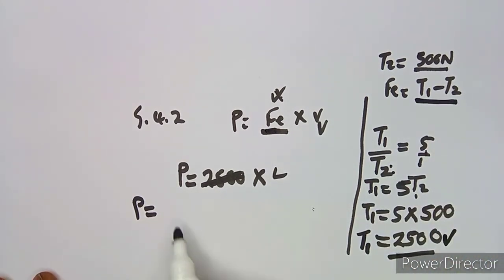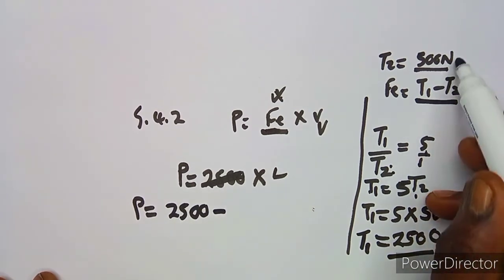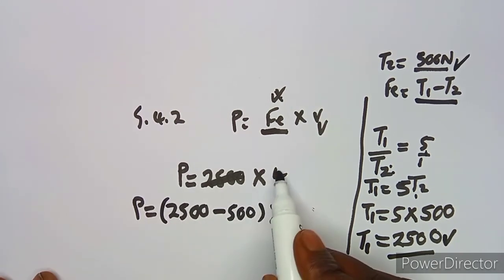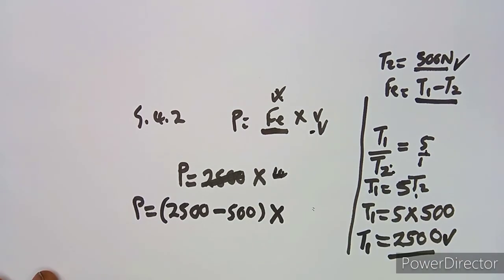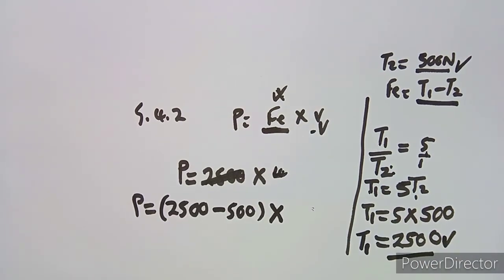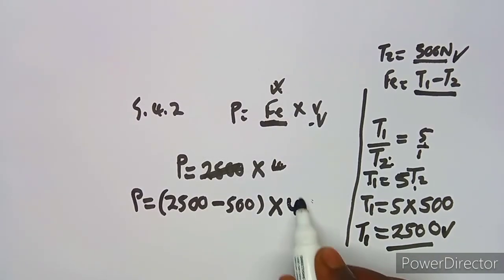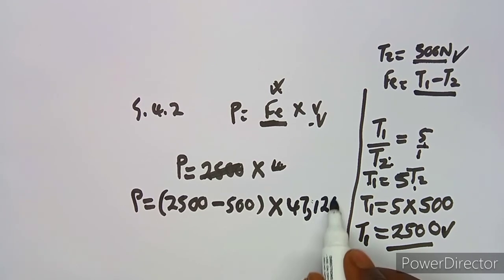So this is our T1, guys, 2,500 minus T2, which is 500. All right, now it makes sense. Multiply by our velocity here, which was 47 comma 124. So we've got 47 comma 124.